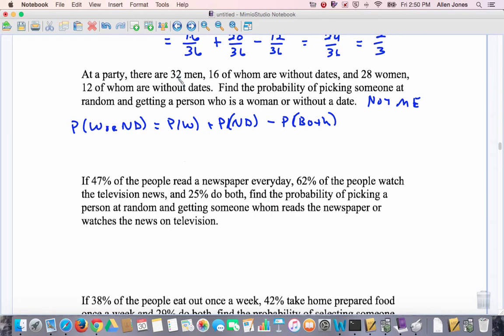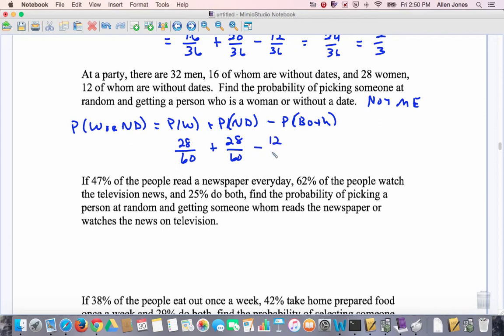So it looks like there are 32 men and 28 women, or 60 total people at the party. Of those, 28 are women. There are a total of 16 and 12, or 28 people that don't have dates. So notice the dates is a separate category. People without dates, 16 men and 12 women don't have dates.